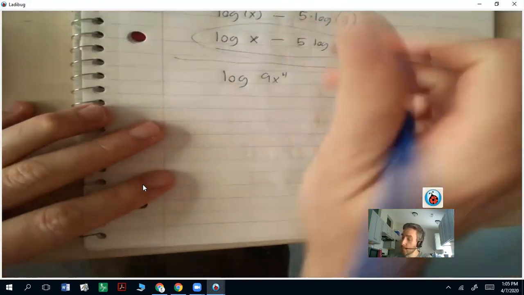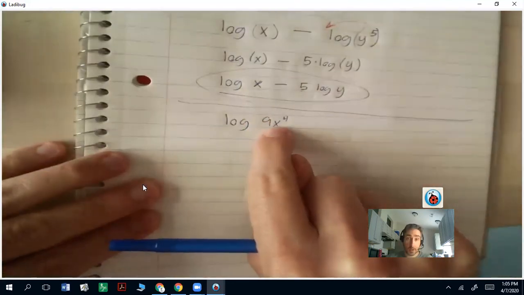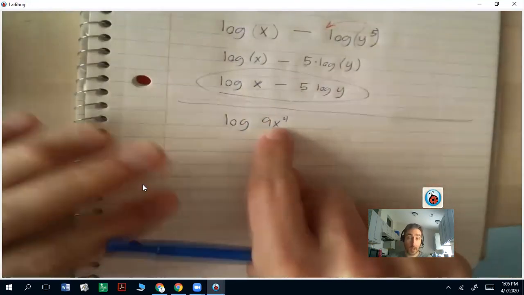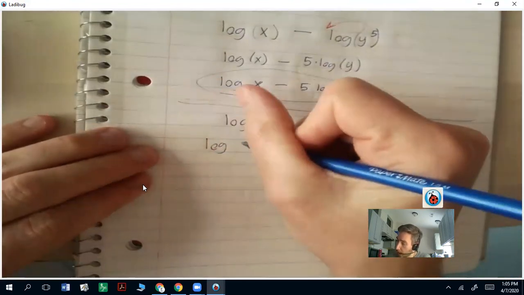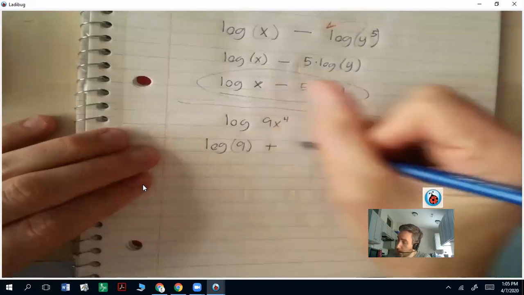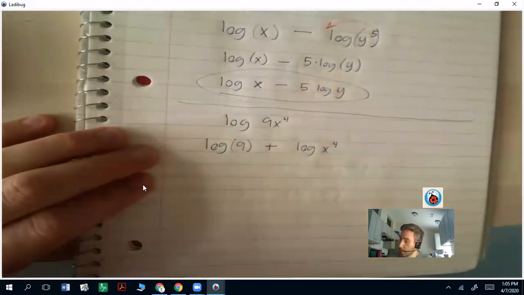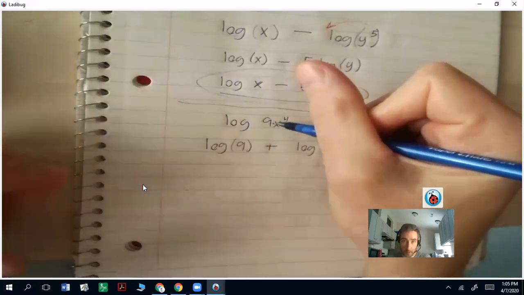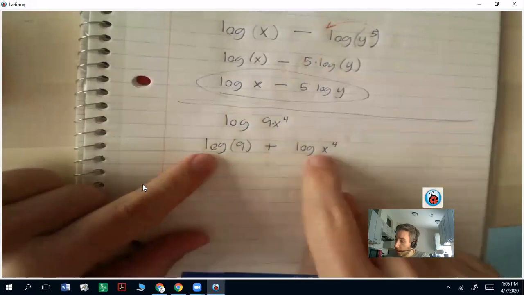So this is, division turns into subtraction. This is times, so it's going to turn into addition. So the first thing you're going to do is split that into log of 9 plus log of x to the 4th. Okay, this is times because there's no operation written with it. So log of 9 plus log of x to the 4th.